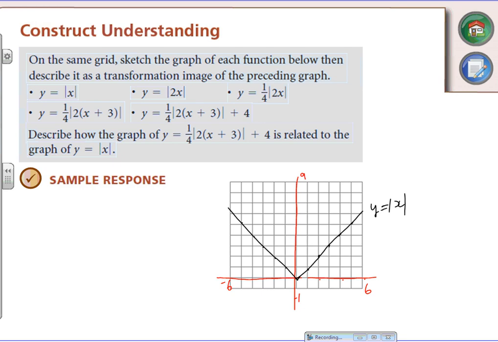Now, what happens if we put a 2x there? That says horizontal stretch by a factor of 1/2. So we're going to make it half as big horizontally. Or in other words, multiply all x values by 1/2.